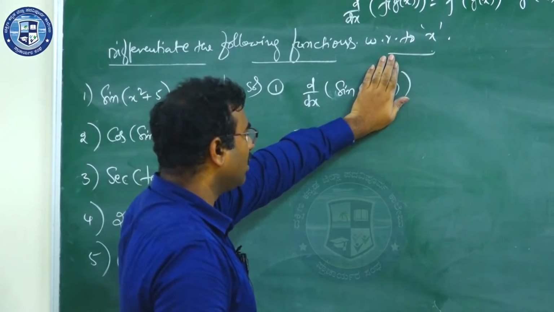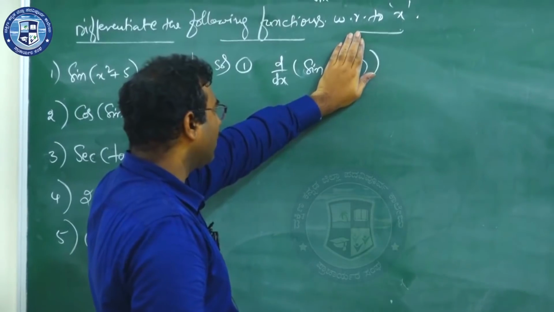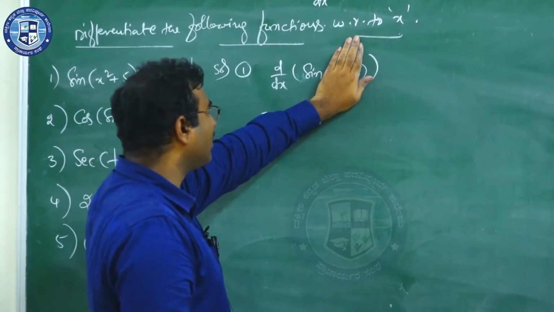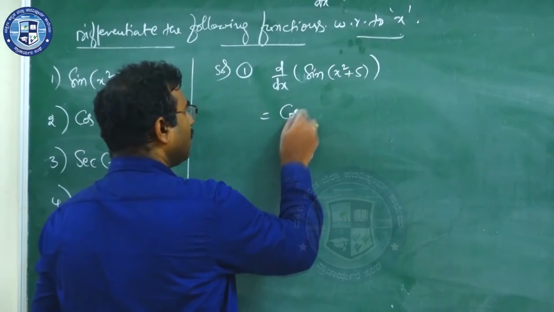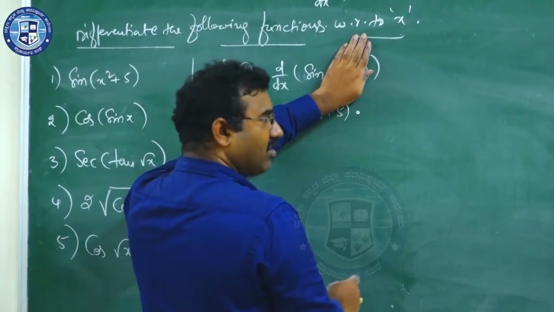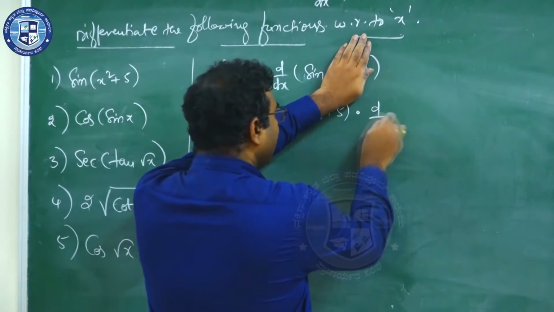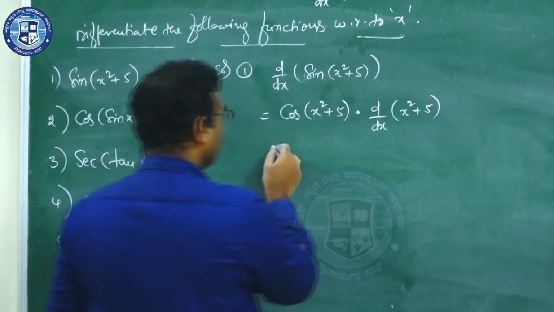Differentiation of sine is cos. Whatever may be present inside, you just take it as something like x and work it out. Sine x, differentiation of sine x is cos x. So cos of x square plus 5. Is it really x? No. That is why you need to consider its derivative, d by dx of x square plus 5.